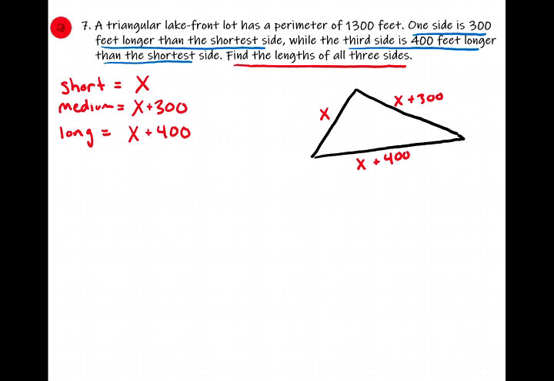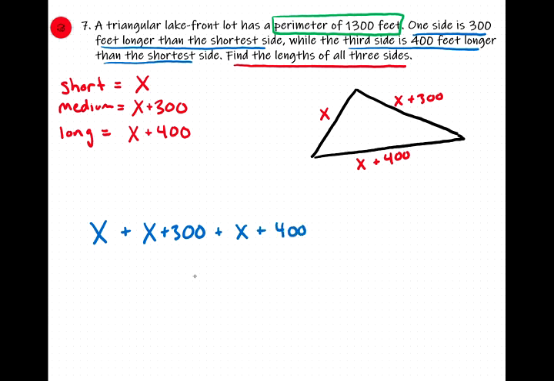And now to make our equation, the perimeter is 1,300. The perimeter means you add up all the sides, the 3 sides. We have an x, we have an x plus 300, and we have an x plus 400.